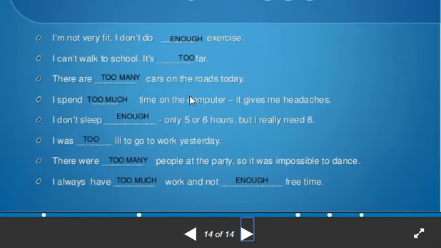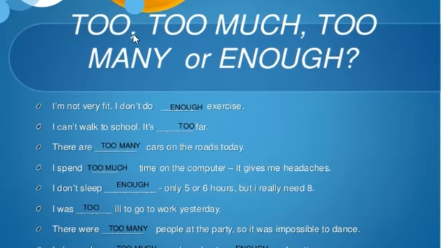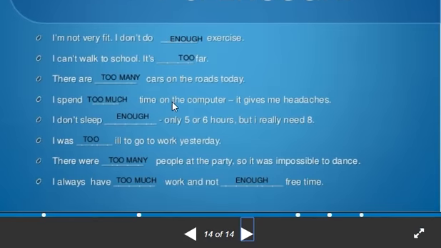Here we have some examples for too much, too many, or enough. For example, I am not very fit. I don't do enough exercise. Okay, as you see here, there is a noun, so you're supposed to bring enough. I can't walk to school.